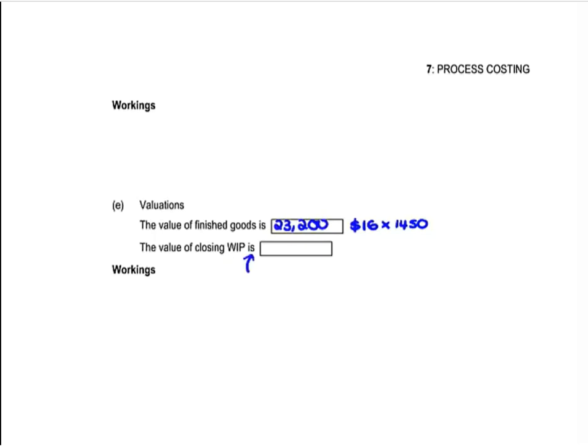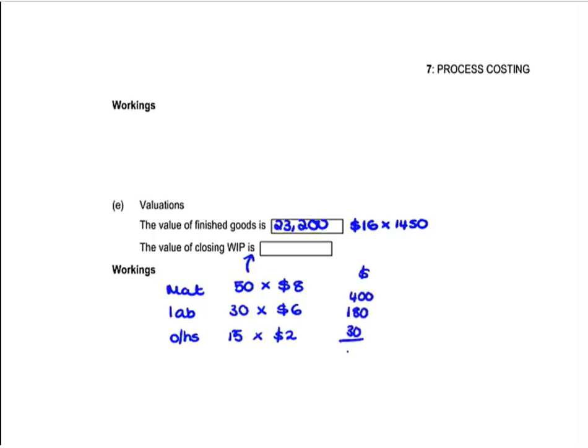So we have, for materials, 50 units at $8 each. For labour, the equivalent of 30 units at $6 each. And for overheads, the equivalent of 15 units at $2 each. So that's a total value of closing work in progress of $610.